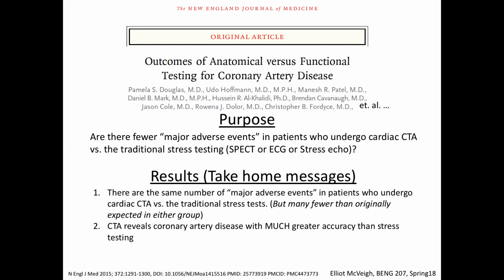When cardiac CT came along, it challenged the dogma, because we were able, and still are able, to make these fantastic images of coronary artery disease. So the question is, if you put half the patients through a pathway where they just start with that scan, and half of the patients through the functional test, which is normal, what would be the difference in outcomes? Would it make a difference?